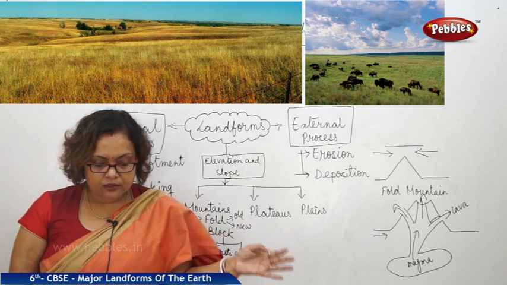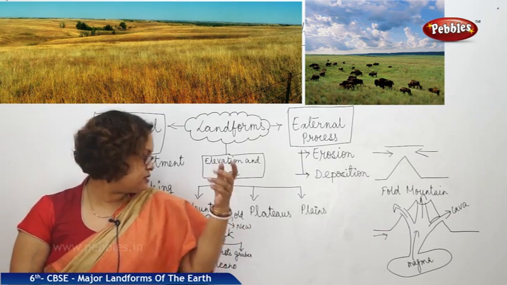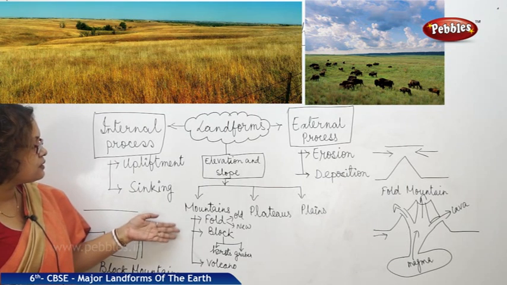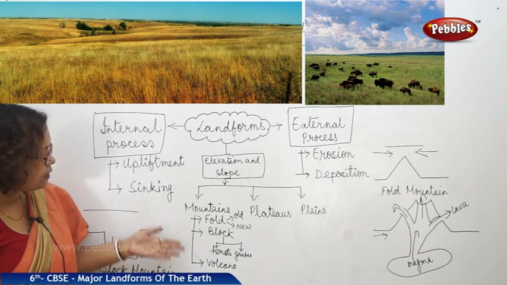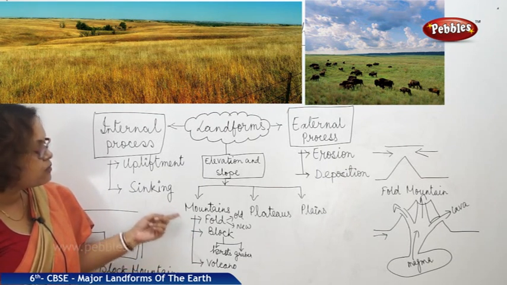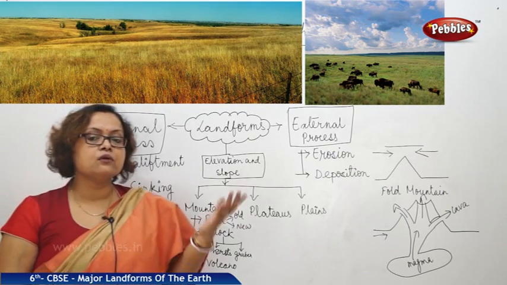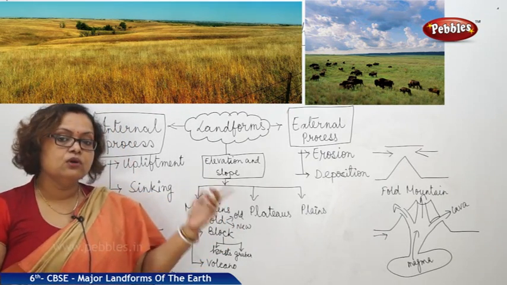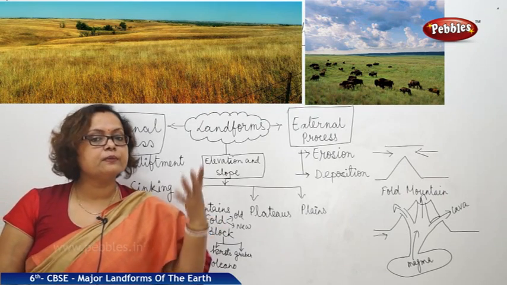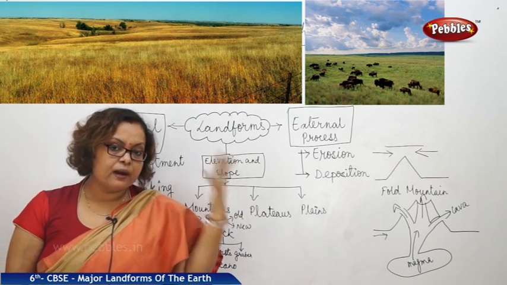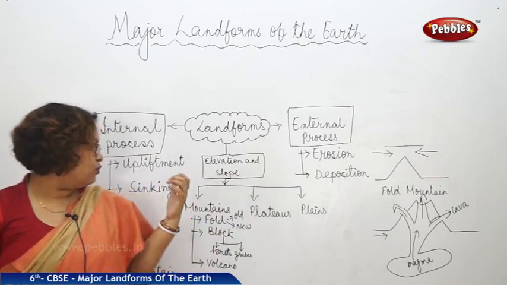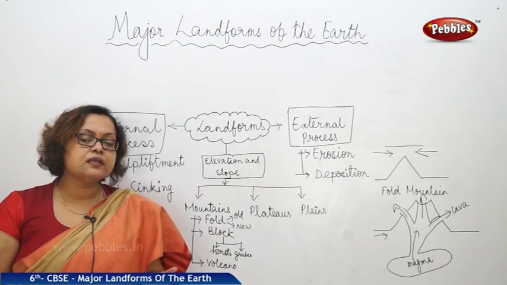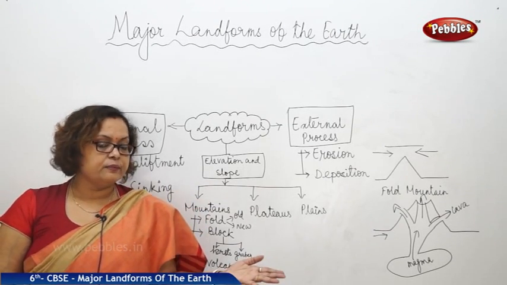Next we are coming to the different types of mountains. Different types of mountains we have seen: fold mountain, block mountain and volcanic mountain. Fold mountain can be young fold mountain and old fold mountain, that is new or old. Young fold mountain, the example will be the Himalayas, and old fold mountain in India, we can see the example as Aravalli Parbat.